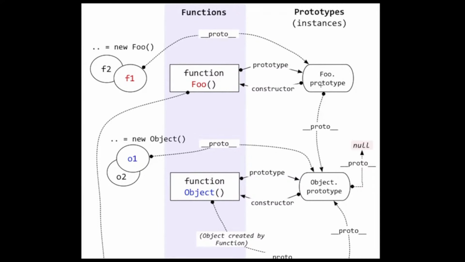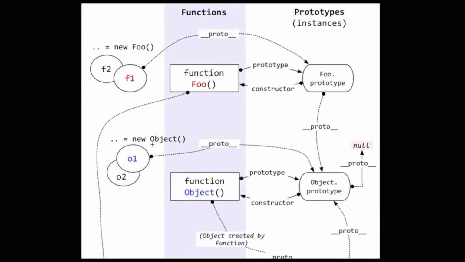Again, when you do the underscore proto, it will take you to the capital O Object prototype, whose proto is going to be null. So every proto chain recursively traces back until the proto becomes null. Proto is pointing to the function prototype, again proto is pointing to the Object prototype, and proto is pointing to null.